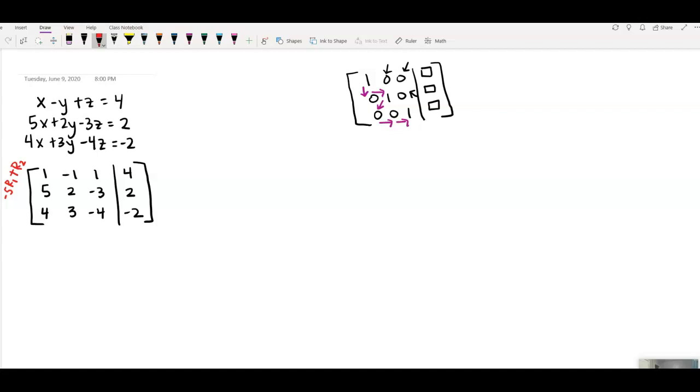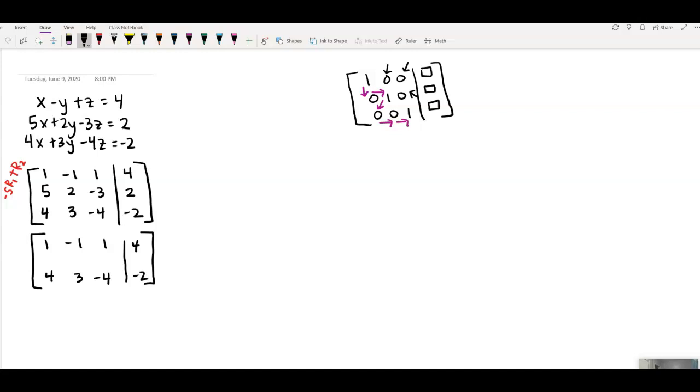Because I'm trying to change that 5 into a 0. So only row 2 is changing on this. So I would say it's a good idea for your next step just to write out, you know, that your row 1 is not going to change and your row 3 is not going to change. We're just working on row 2 here.